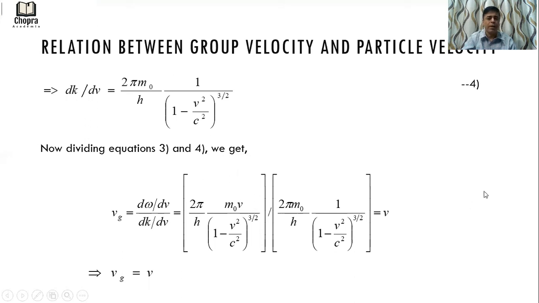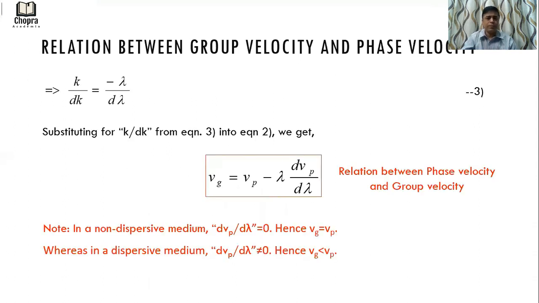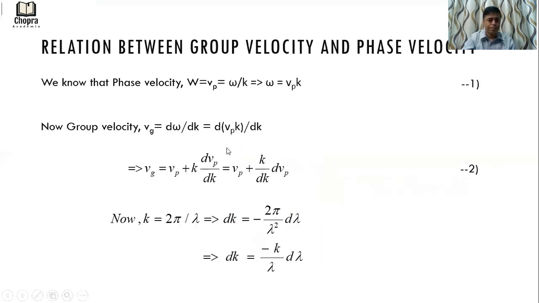We go for the next relation, which is very important to us, the relation between group velocity and phase velocity. So we know that phase velocity is omega by k, which implies omega is equal to vp, the phase velocity, times k. Now group velocity is d omega by dk. We substitute for omega, we get d(vp k) by dk, which I differentiate with respect to k.